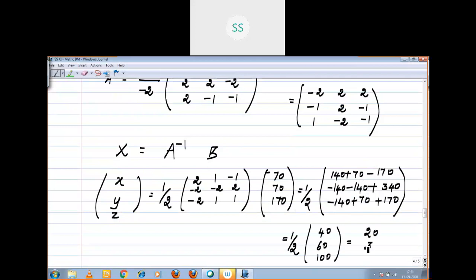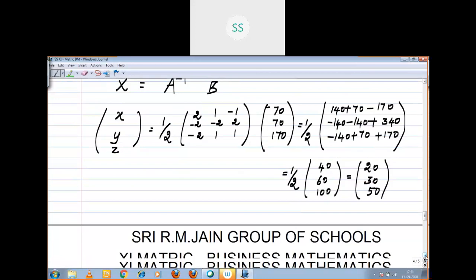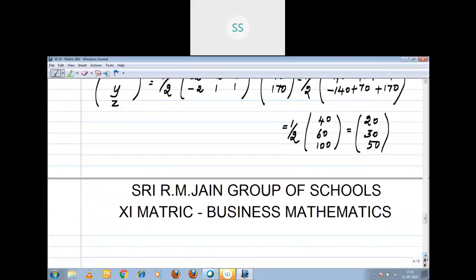You should divide: 20, 30, 50. The cost of wheat is 20 rupees because you consider x. X is equal to 20, y is equal to 30, z is equal to 50.